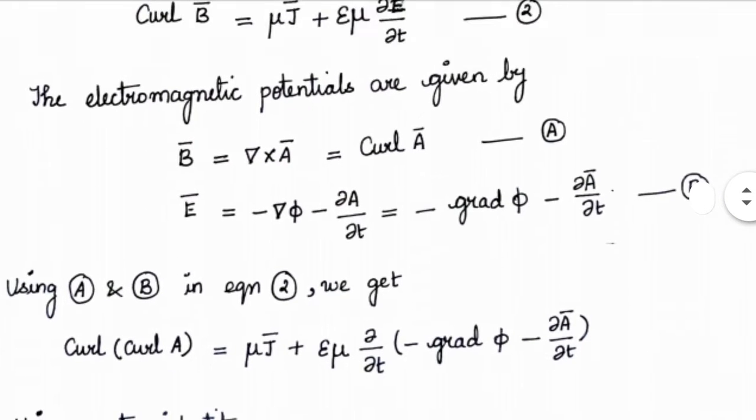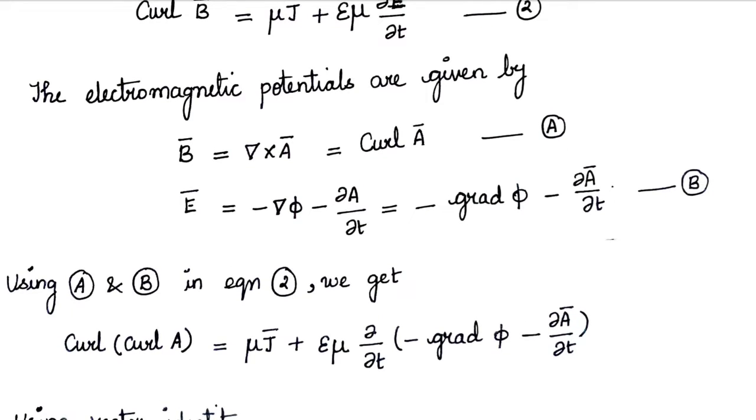So, B equal to curl A vector is taken as equation A and E vector is equal to minus grad phi minus dou A by dou T is taken as equation B. Now, let us substitute the value of A and B in equation 2.